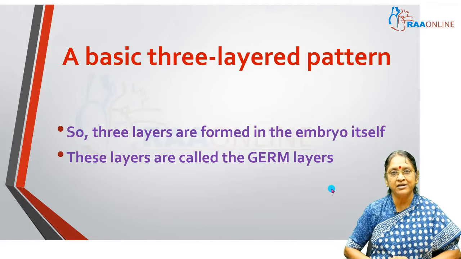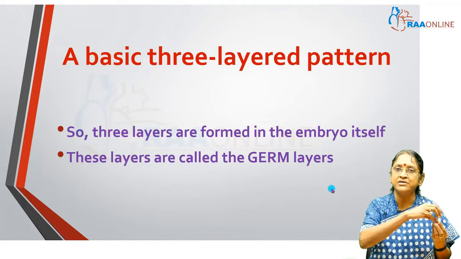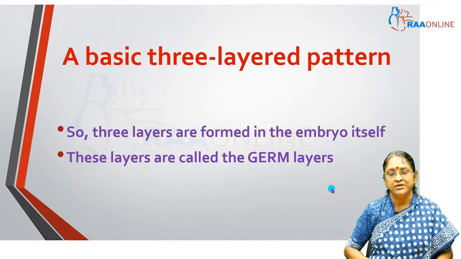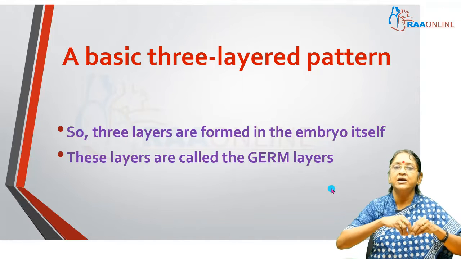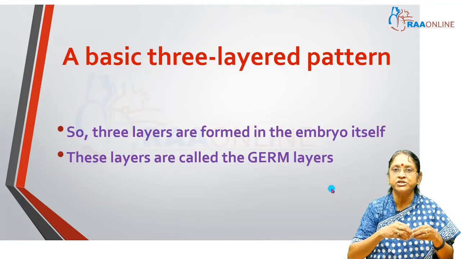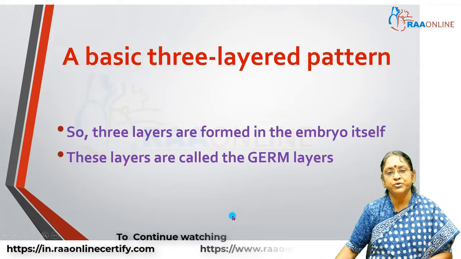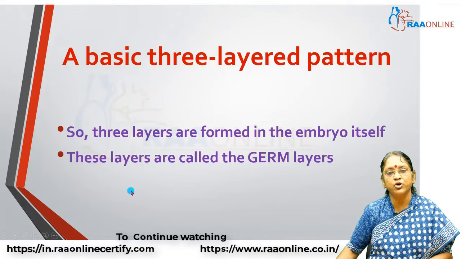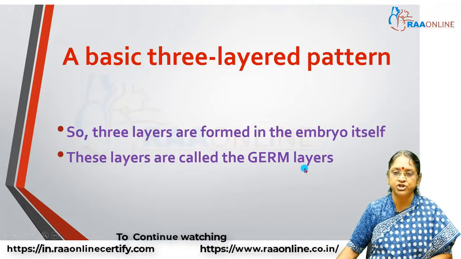A germ cell is the rudimentary cell of seeding. From this seed appears everything. So, similar to that, germ layer. From this layer appear structures which are descendants of this layer. So, these three layers are called the three germ layers, trilaminar germ disc.